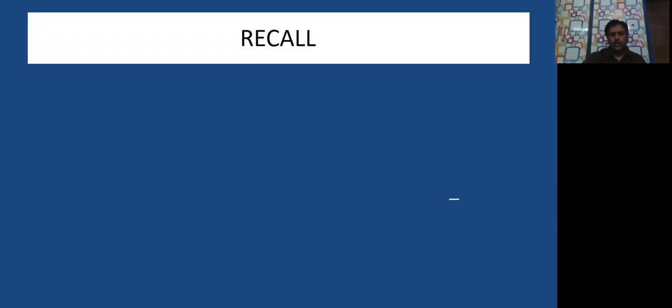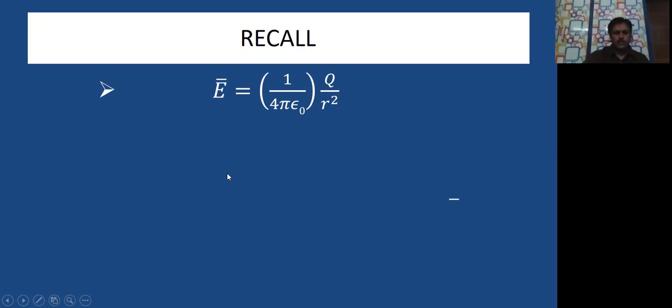I would like you to recall the following points which were dealt with in unit 4. The first one, the expression for the intensity of electric field: E bar is equal to 1 by 4 pi epsilon 0 q by r square. This is the expression for the intensity of electric field due to a charge q at distance r from it.